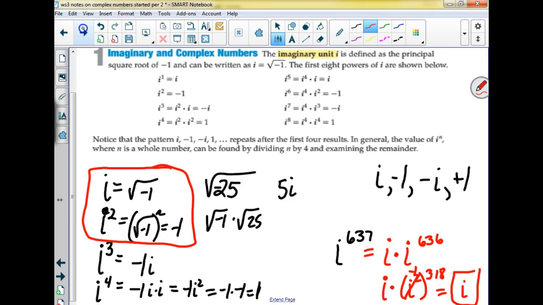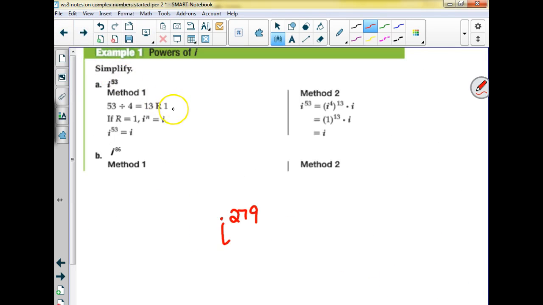Okay. So we're going to practice this with a couple examples. They have I to the 53rd here. All right, that is an odd. So I'm going to poke an I out. Going to put one I out front, and that'll leave how many I's? 52, right? Okay. 52 is an even number if I divide it by 2, so I have an I squared.